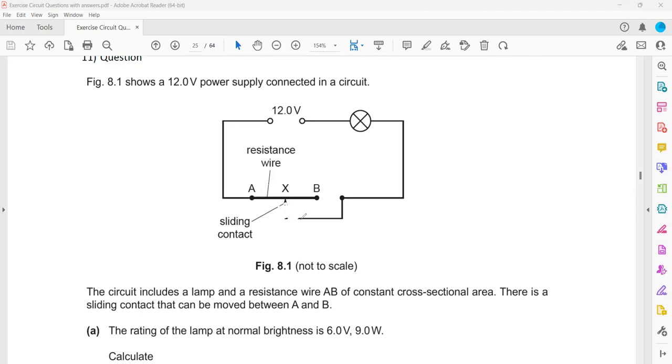The length of wire increases. As the length of the wire increases, the resistance of the wire we are using also increases. As the resistance increases, there is more voltage across AB and less voltage across the lamp. That's why the lamp will become dim.